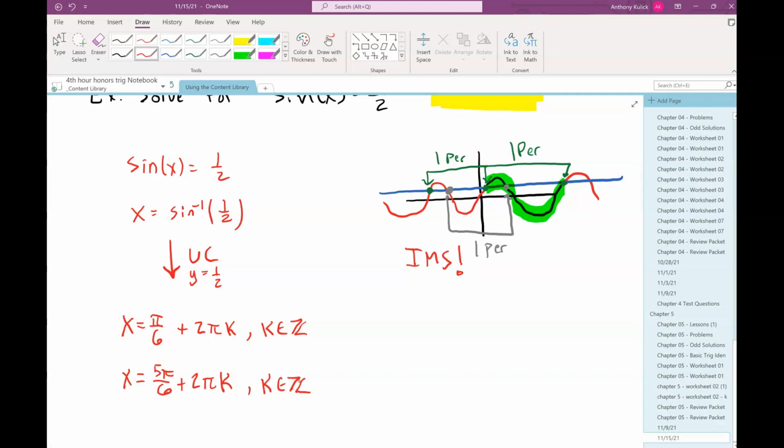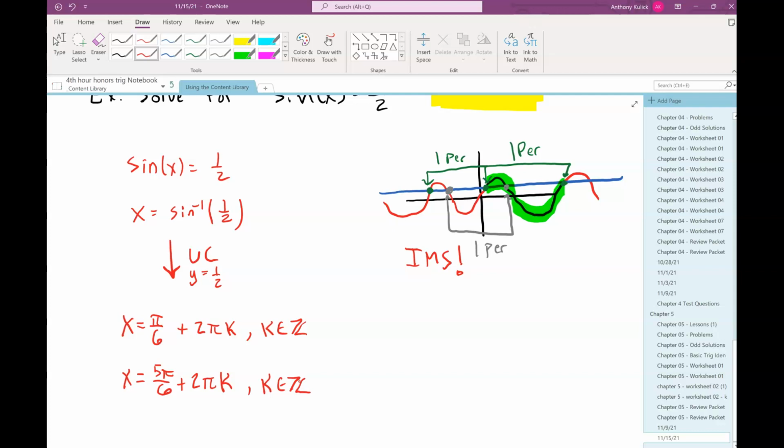We have pi over 6 and everything coterminal to that, and 5 pi over 6 and everything coterminal to that. Because there's infinitely many angles coterminal to each of them, I have infinitely many solutions, but there's really only kind of two types of solutions, right? Does that feel okay?